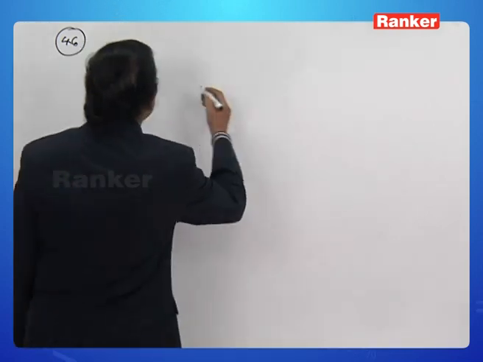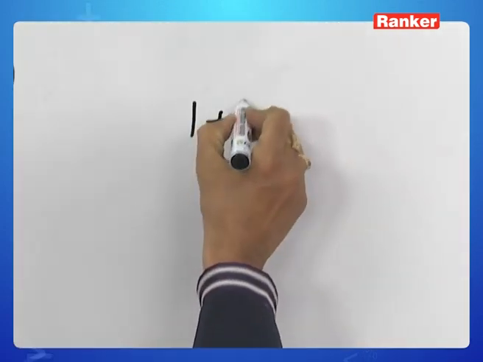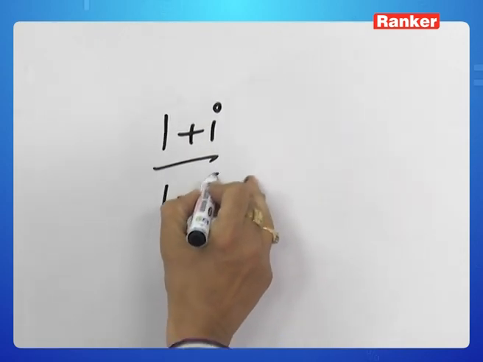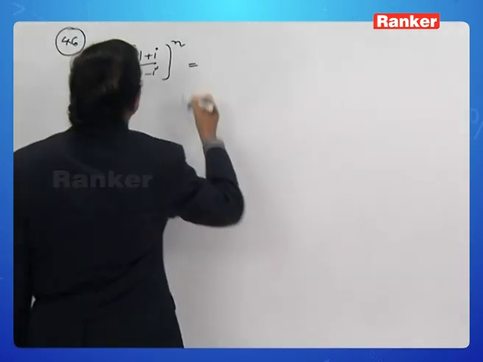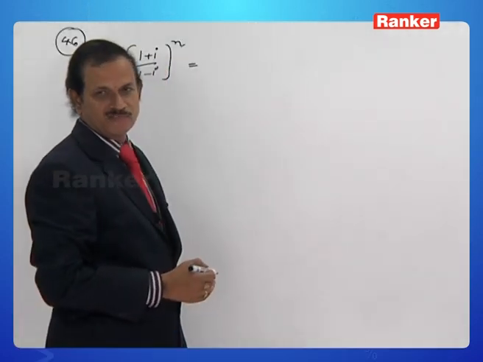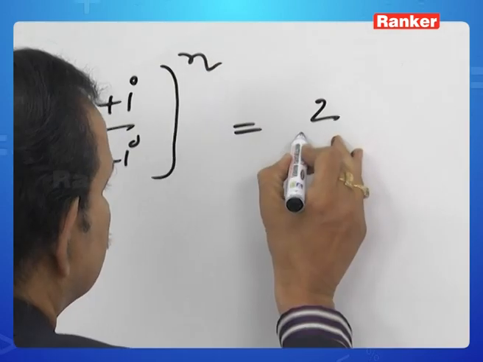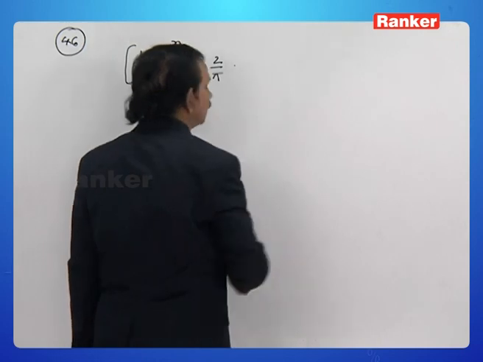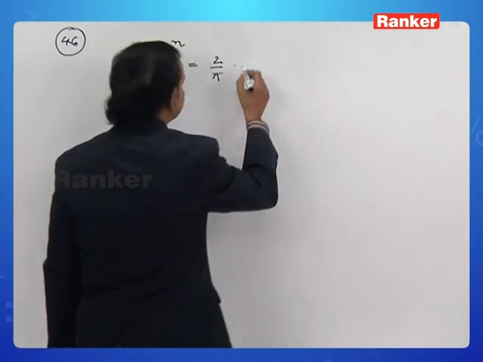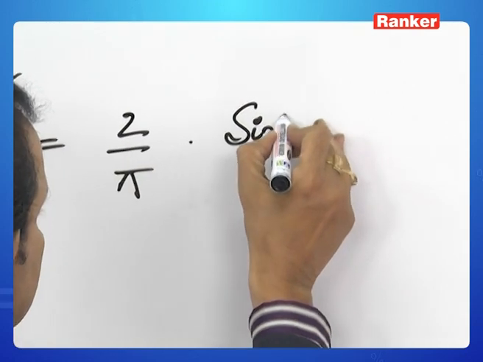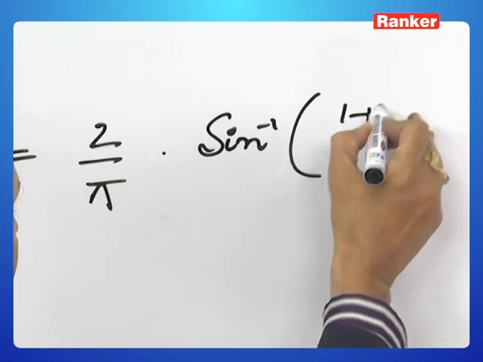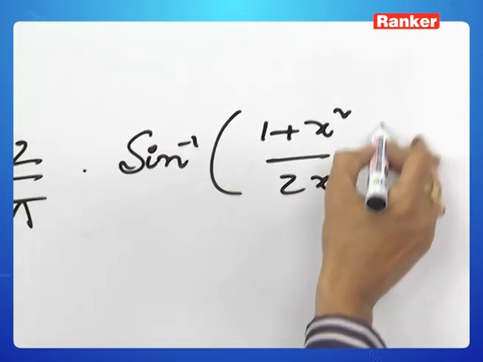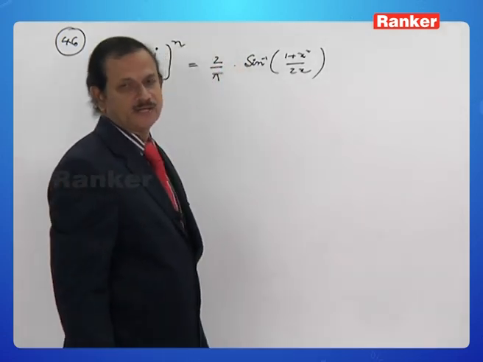Let us see about the question. What is the equation given? (1 plus i by 1 minus i) whole to the power of n is equal to 2 by pi into sine inverse of (1 plus x square by 2x).